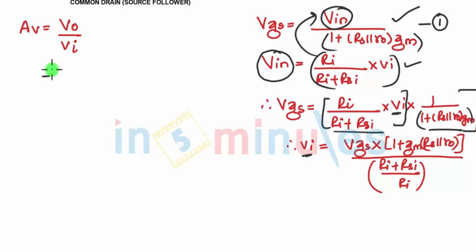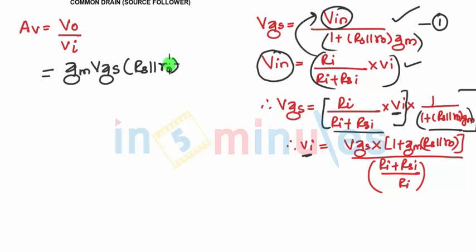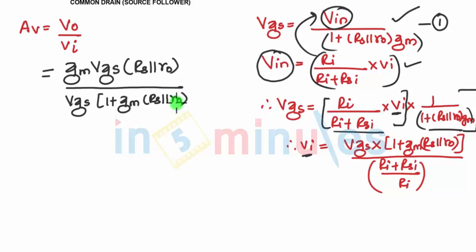So we can say VO we have written as gm into VGS into RS parallel RO. This we have already found out. The same equation I am using here, and instead of Vi I will write VGS into 1 plus gm RS parallel RO. Instead of this division, when it goes above, I can write it as Ri upon Ri plus RSI.